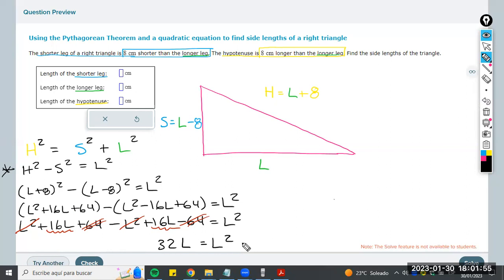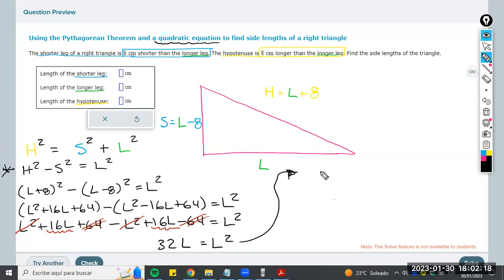Okay, in here we could use factorization for finding the value of this variable, the value that makes this equation true. But you can always use the quadratic formula. So let's use that.